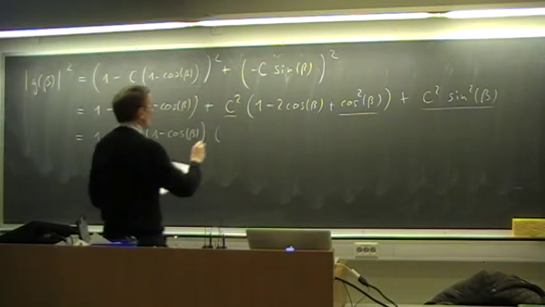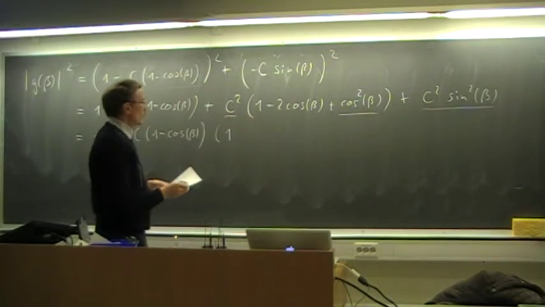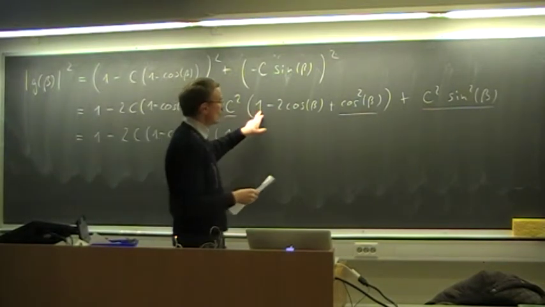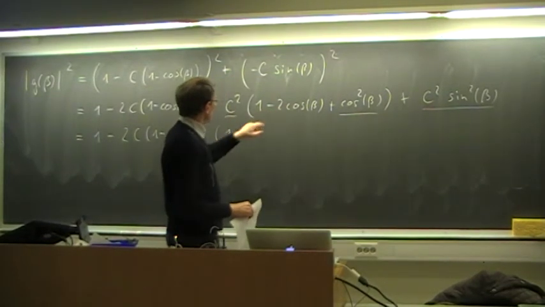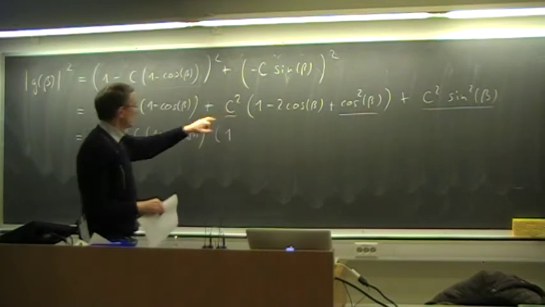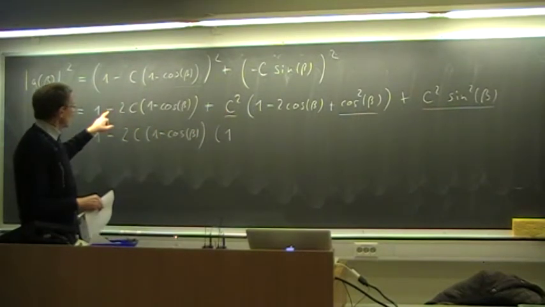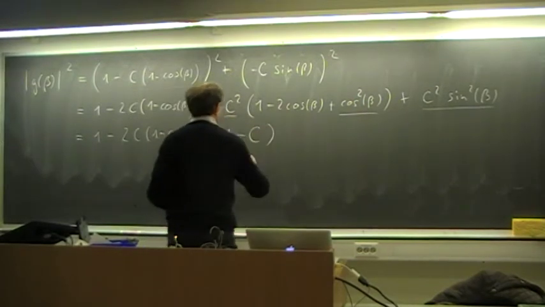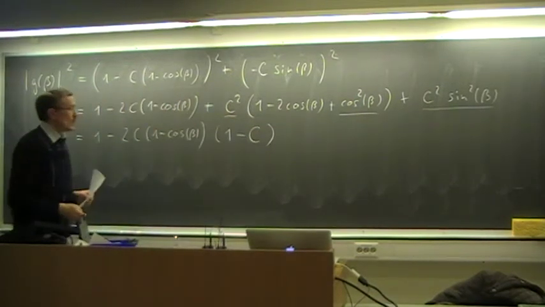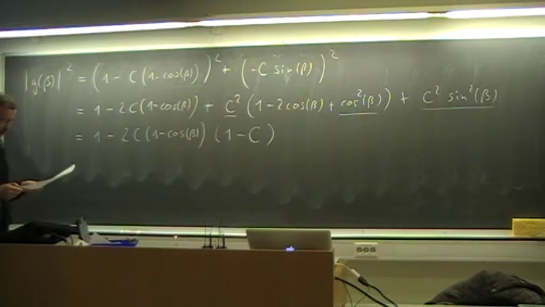This is 1. And from here, we have the 2 from this, so we get the 2 outside. We have a 1 minus cosine c squared, and we have here a minus, so we get here a minus c. So that is what we get here. And this is now our amplification factor squared.